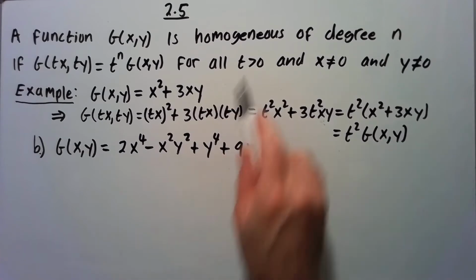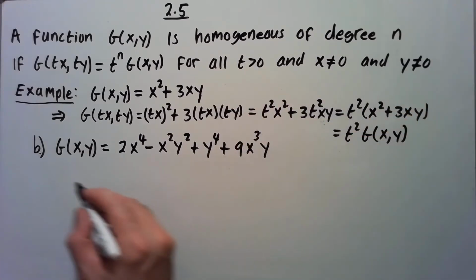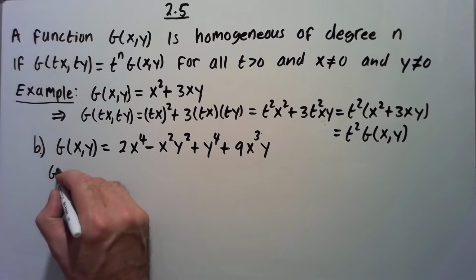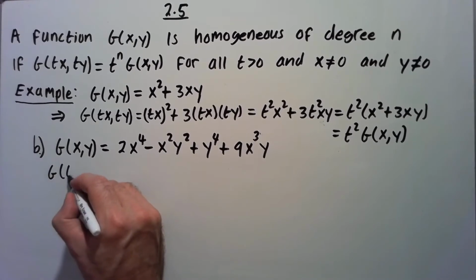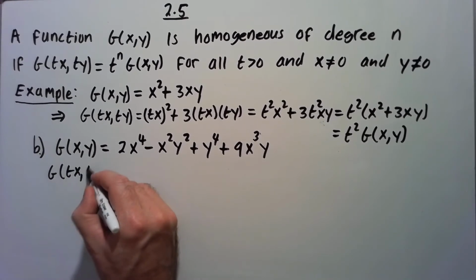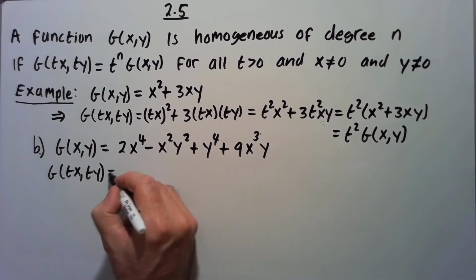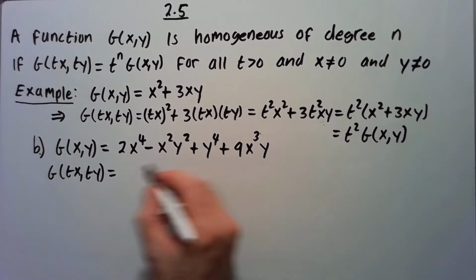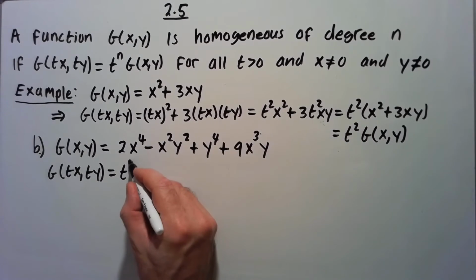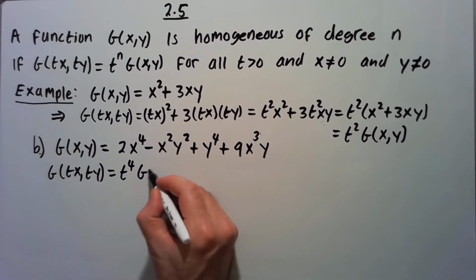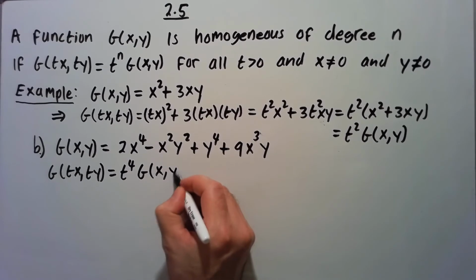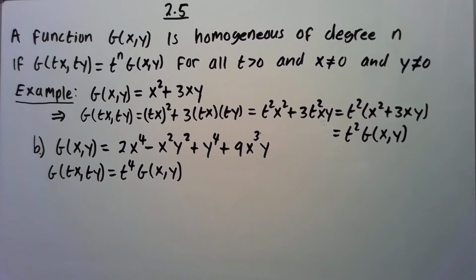So this should be homogeneous of degree 4. You can check here if you did g(tx, ty), if you work it out like we did up here, it should be t to the fourth times g(x, y). Okay, let's look at one more example.